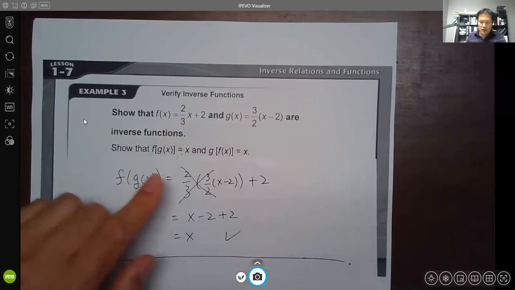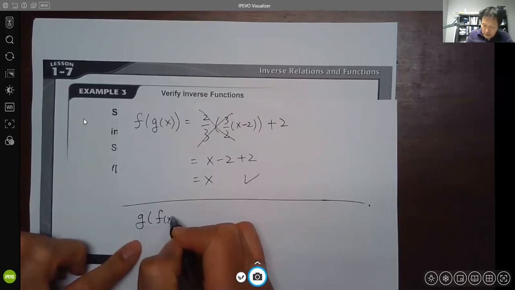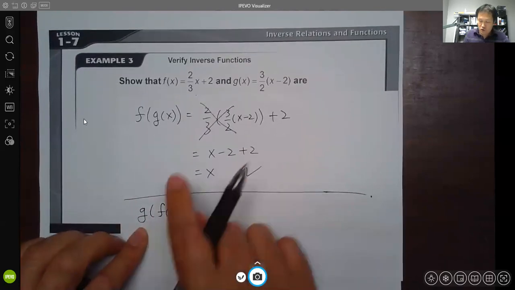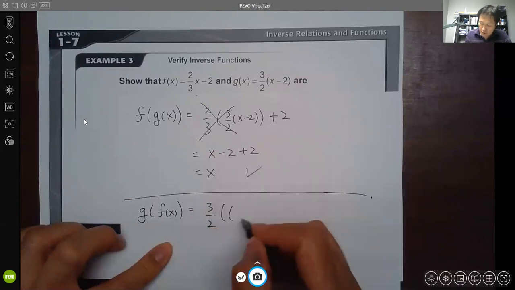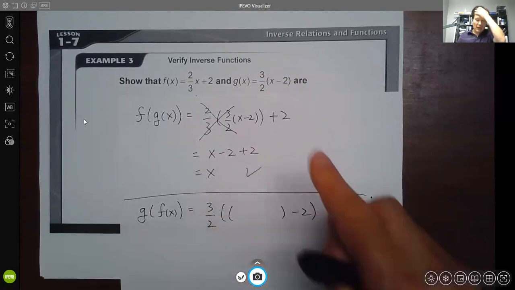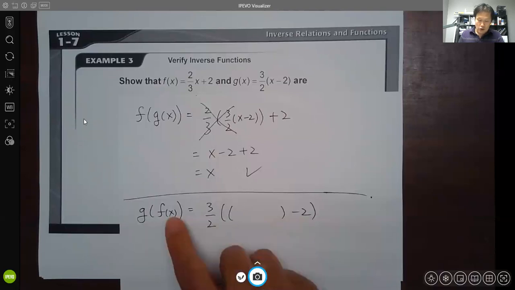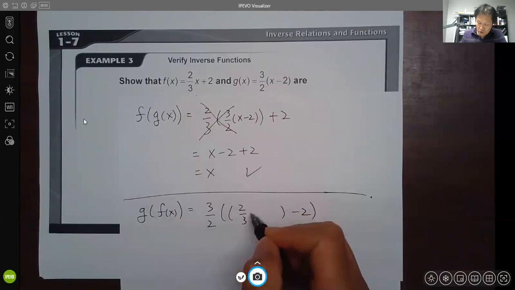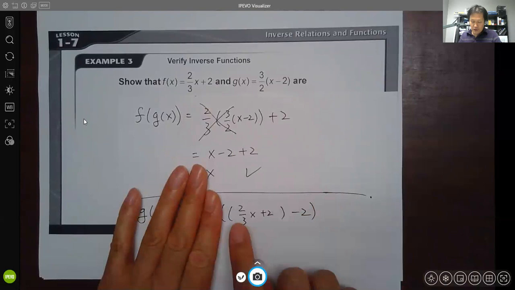So first one, check. Next one, you have to do g of f of x. Now, g is the structure. So we got 3/2 parenthesis minus 2. I just copy down g. Instead of x, I threw in the parenthesis. You're going to plug in f: f of x inside parentheses, 2/3 x plus 2. So inside this parenthesis, you got this parenthesis.